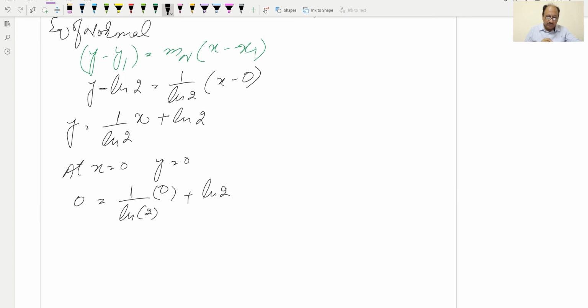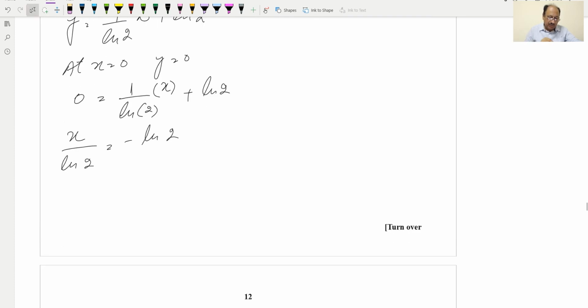So x over log 2 is equal to minus log of 2 when we shift this log 2 to the other side, and x will be equal to minus log of 2 into log of 2, or we can write this as minus log 2 square.